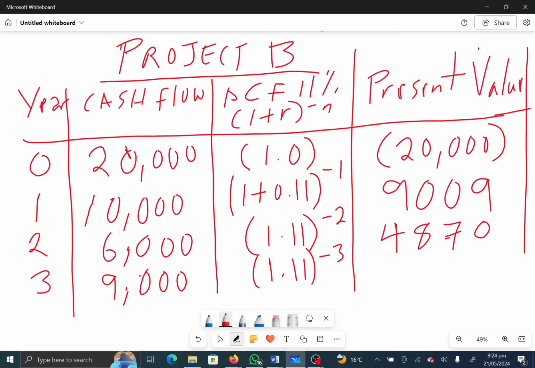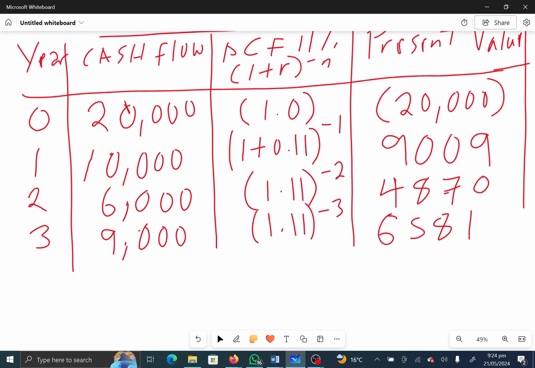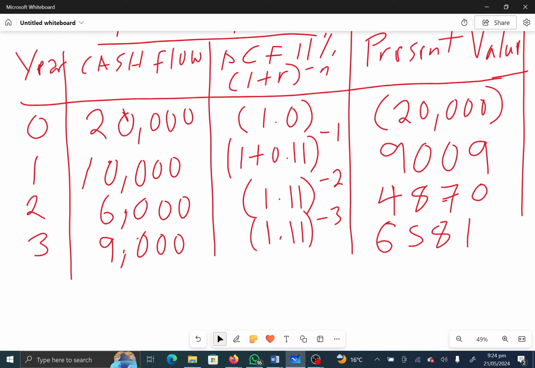So 9,000 multiplied by 1.11 to the power negative 3. What are we getting? 6,581. Okay.